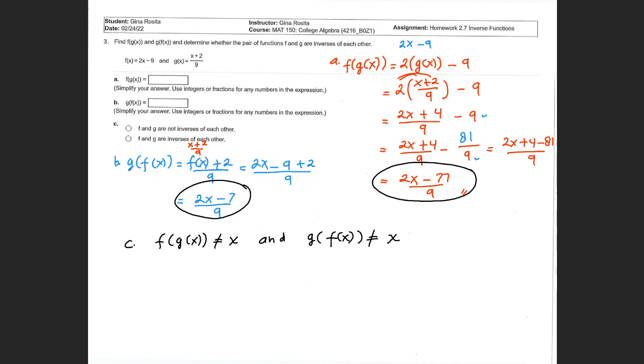So f and g are not inverses. Which one is the answer? The first one: f and g are not inverses of each other.